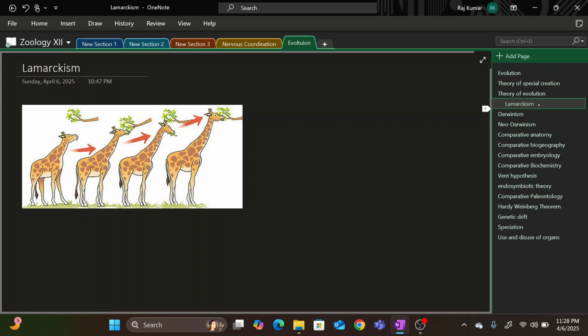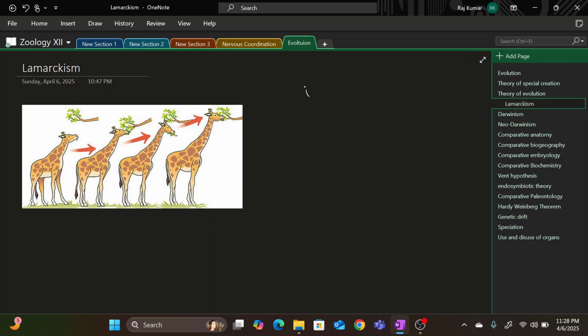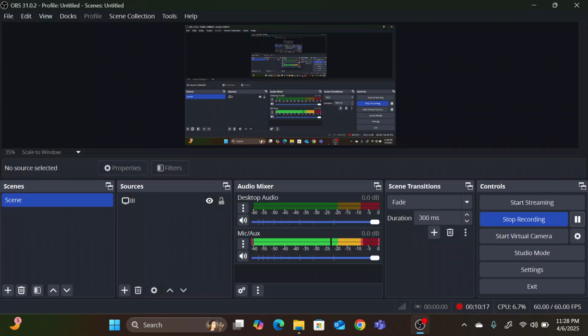And that theory of evolution was based on two concepts. Two major concepts were discussed in his theory. He published that in his book known as Philosophie Zoologique, which is in French.